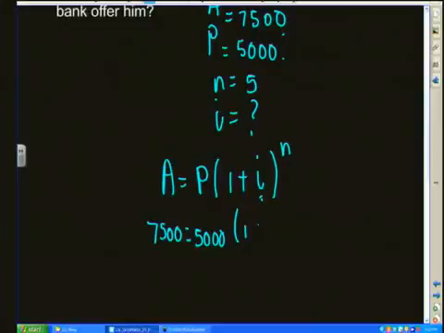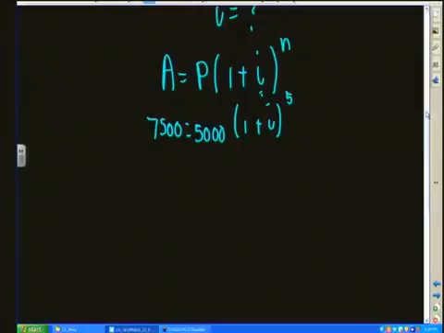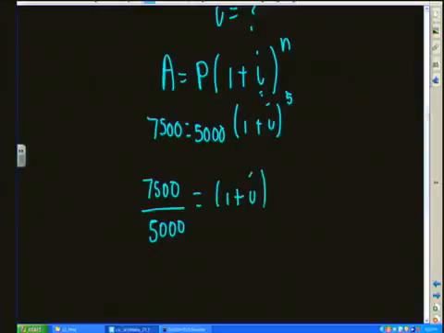And we are looking for the value of I, so obviously we don't know that, and N is equal to 5. All right. Remember, it is important, if N is in years, your interest rate needs to be annual. All right, so let's divide through by the 5,000. So I get 7,500 divided by 5,000 is equal to 1 plus I to the power of 5.